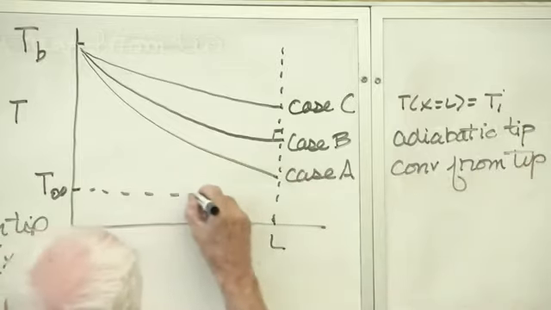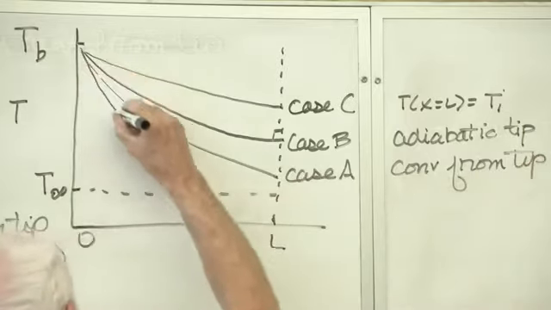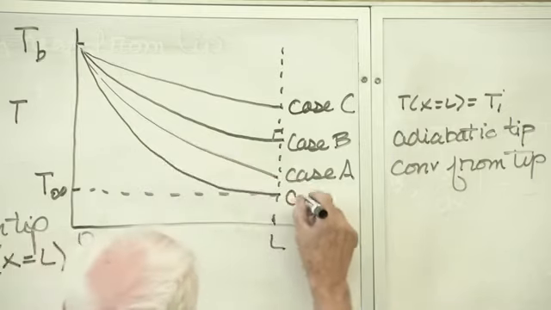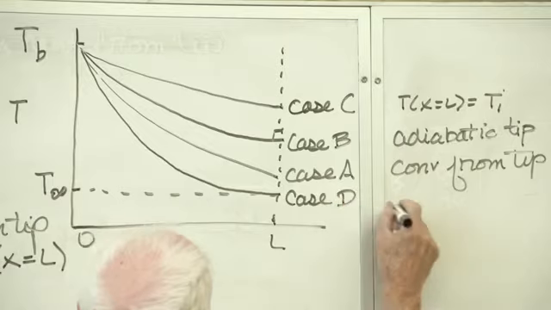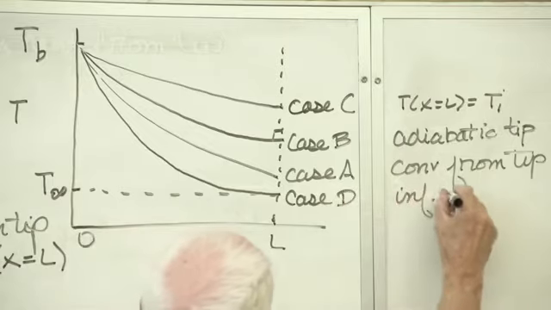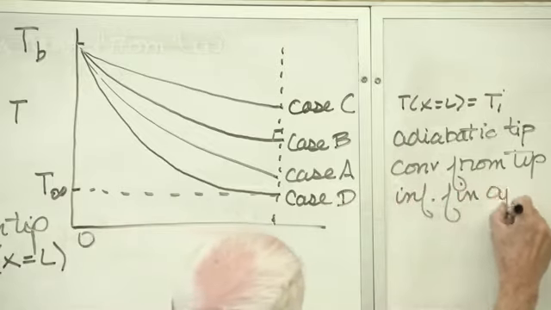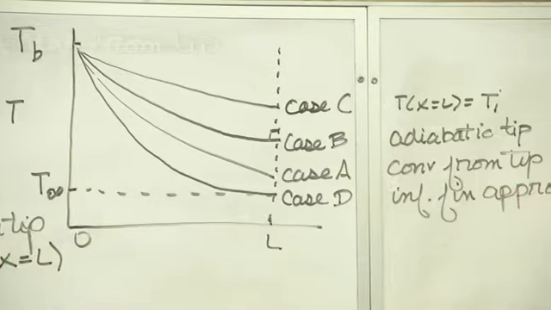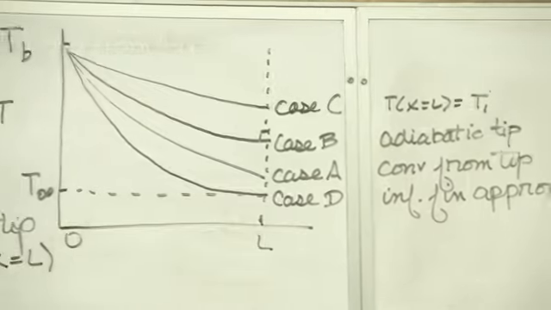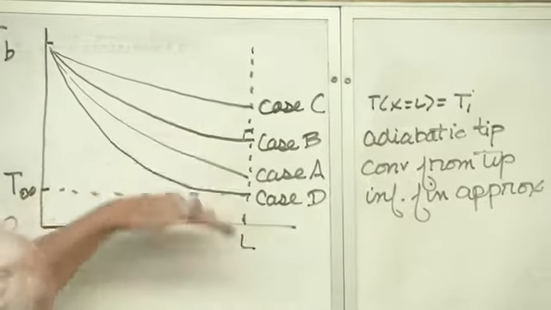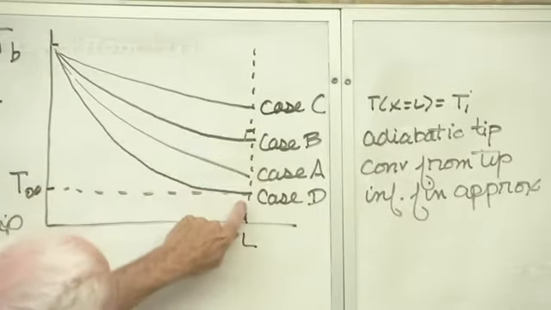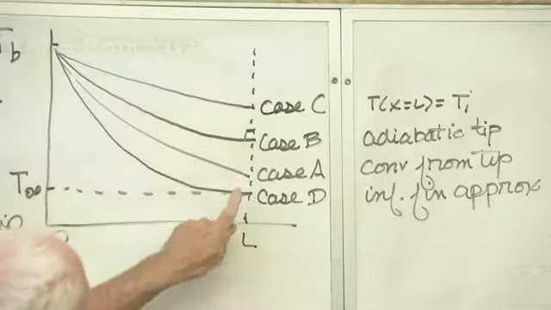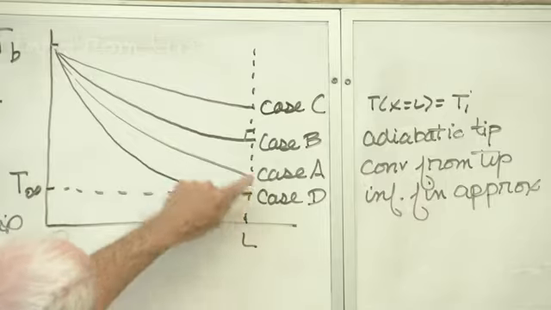Let's take the long fin case. Temperature of the fin approaches T infinity. Infinite fin approximation. That's typically how they look. Don't worry about what's higher and what's lower. This guy's always down here. But case A could be up on top. The point is what happens at x equal L.